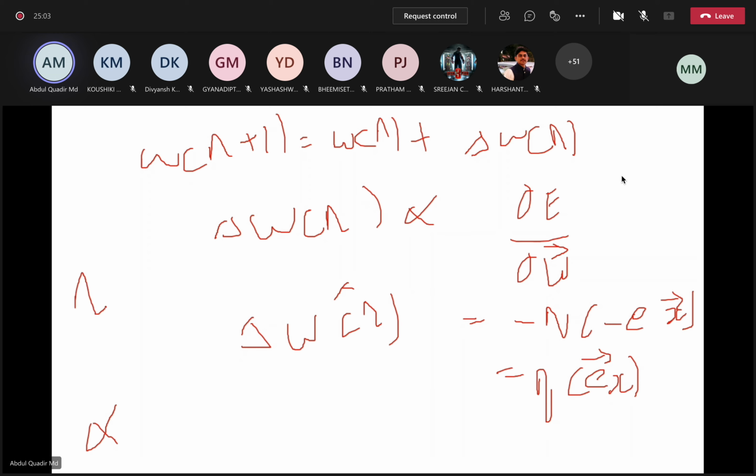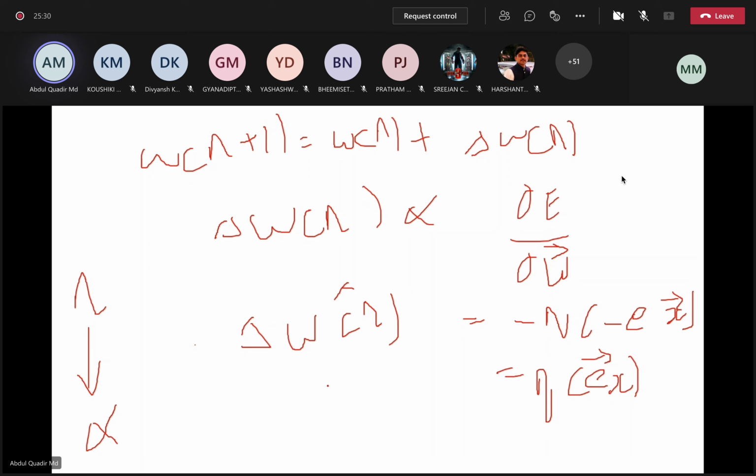Learning rate alpha into E, where E is the difference, T minus the output, the target output, summation into xi. Yesterday we did it like this, but here we are estimating. In the sophisticated version, we are estimating the gradient, and even the weights computed are also estimated. So this cap indicates they are the estimates.